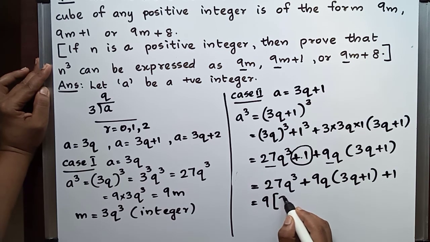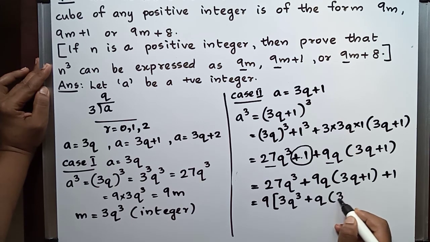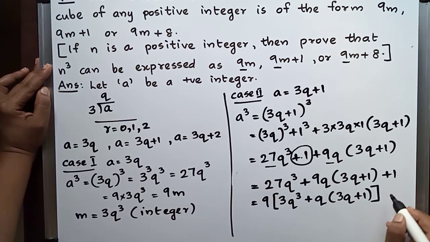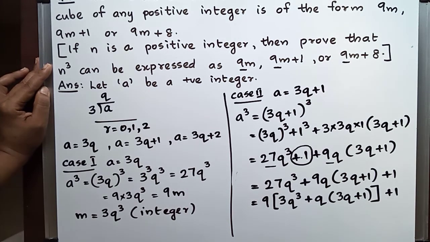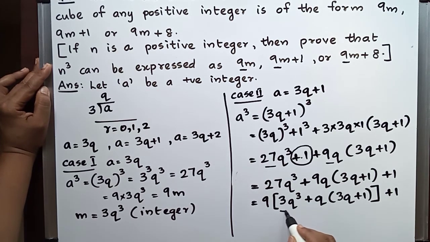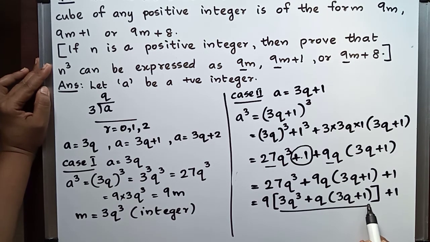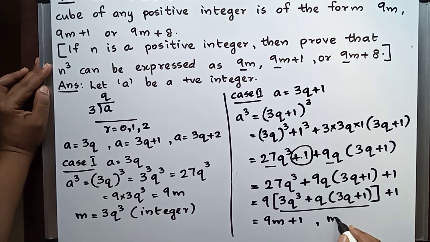So inside I have 3q cube plus q into 3q plus 1. I have used a square bracket. Then a plus 1 is there outside the bracket. What is this? q is the quotient which we got here, so this term represents just an integer. So this can be taken as 9m plus 1, where in this case m is 3q cube plus q into 3q plus 1.